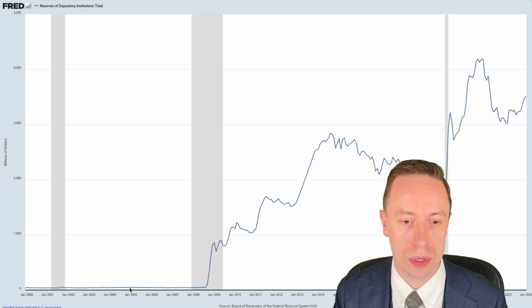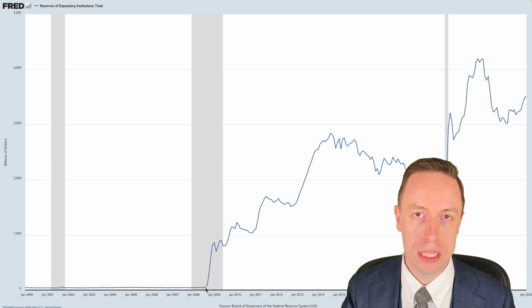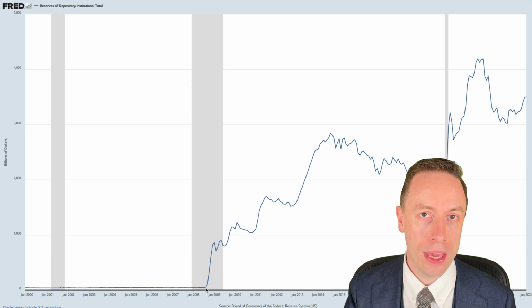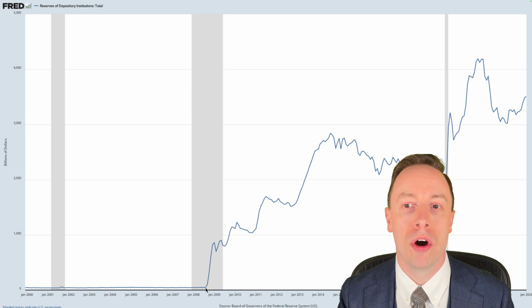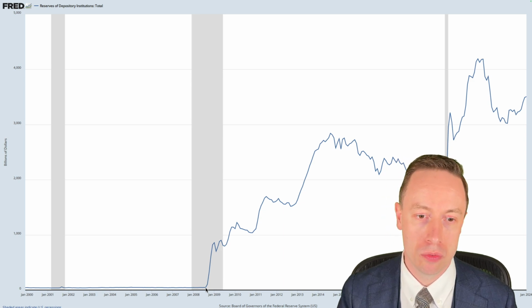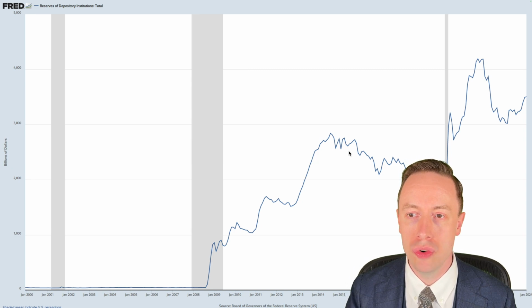But then notice during the Great Recession, our banking system, well, let's face it, almost fell apart, right? The Federal Reserve completely changed tack and basically switched to a system of, hey, we don't want our banks to have limited reserves. We want them to have lots of money in reserve. So it conducted a large amount of open market operations, bought lots and lots of government bonds and such, and just really increased the number of extra dollars in circulation.